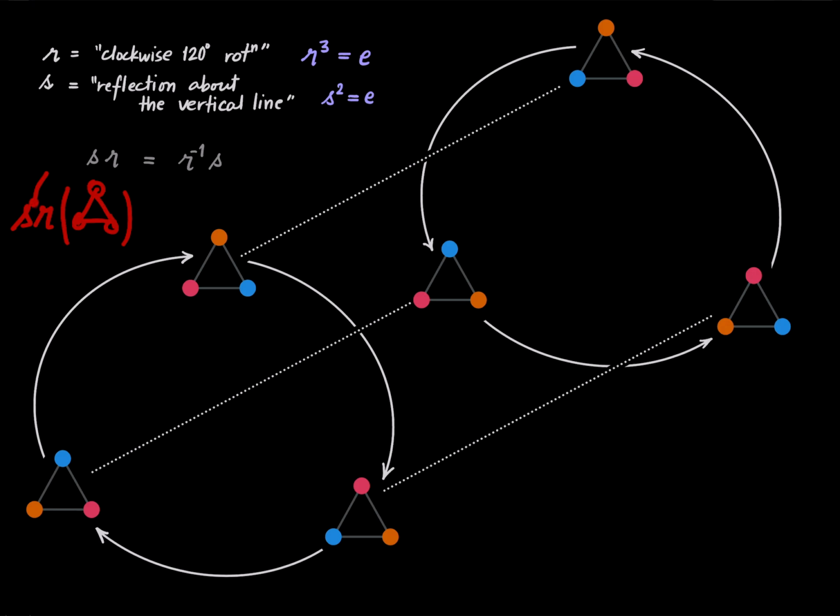Then R eats that configuration, outputs some configuration, and then the resulting configuration is eaten by S. So this is to be thought of as a sequence of symmetries applied in succession, where the right one acts first, and then the next one, and then the next one.